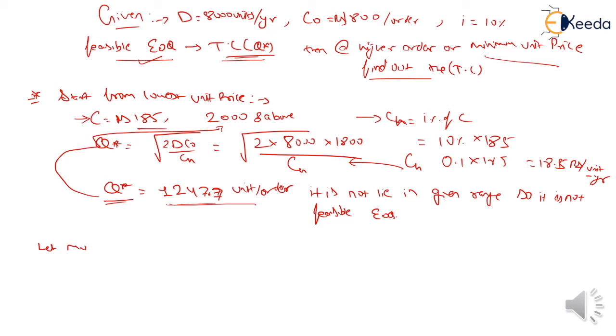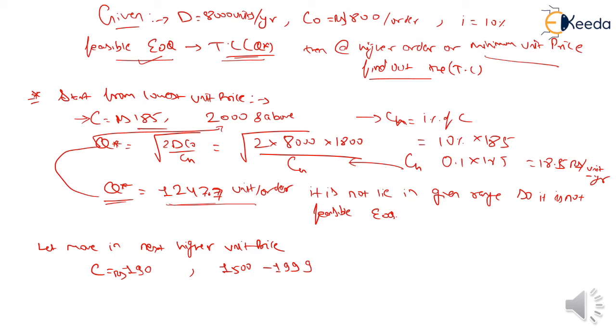Let us move to the next higher unit price. Take the unit price as 190 rupees. Okay students, it is the next higher unit price, and the range of the lot size given in the question is 1500 to 1999.